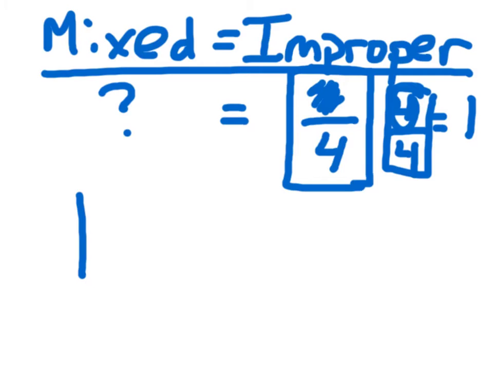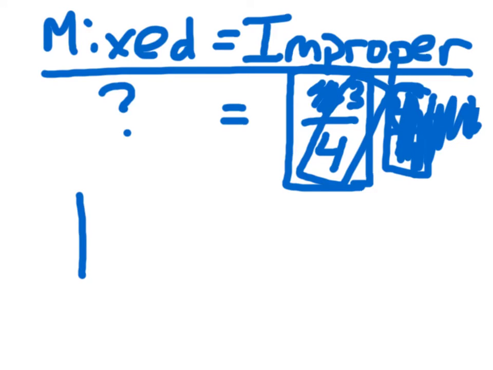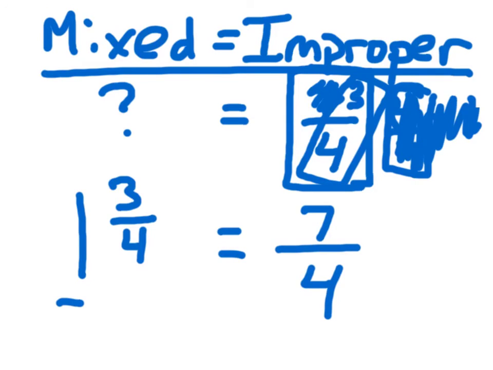That leaves us with 3 more left. And whatever is left, this fraction here, 3 out of 4, that's the rest of our mixed fraction. Just like that. So 1 whole with 3/4 is the same as 7 over 4.